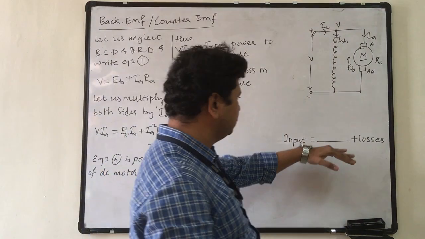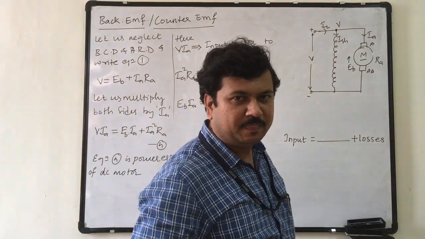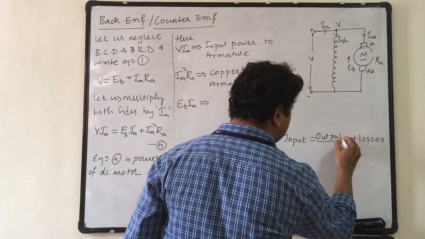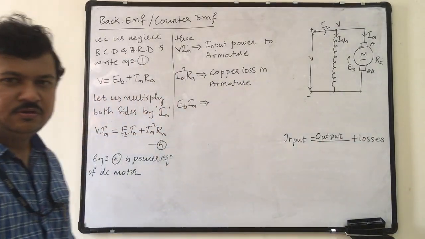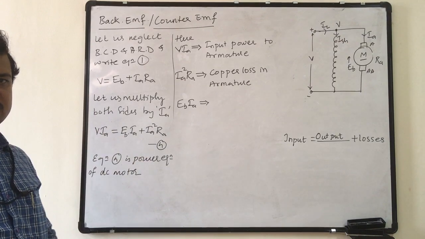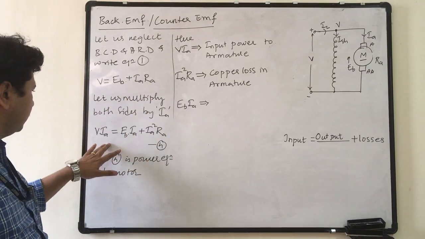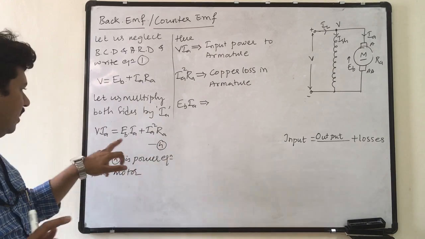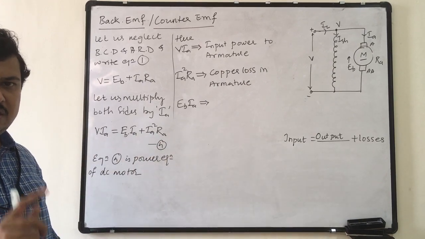Input is equal to something plus losses. Definitely this is output. So input is always equal to output plus losses. As per this power equation, V into Ia is input, Ia square Ra is loss. Then what is EB into Ia? It is output.